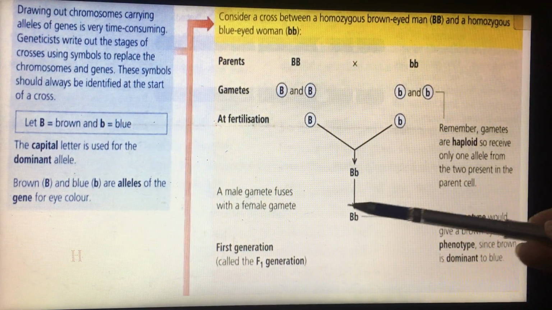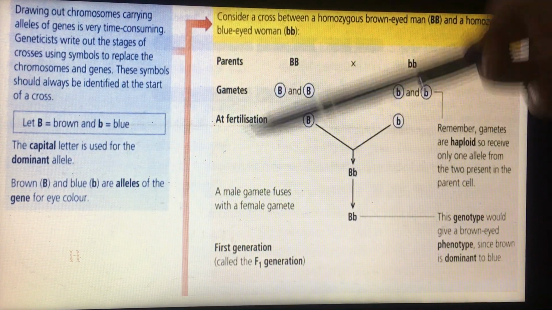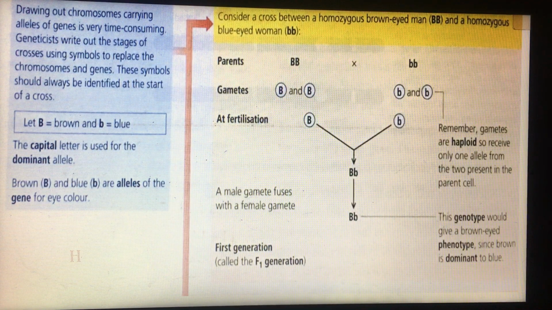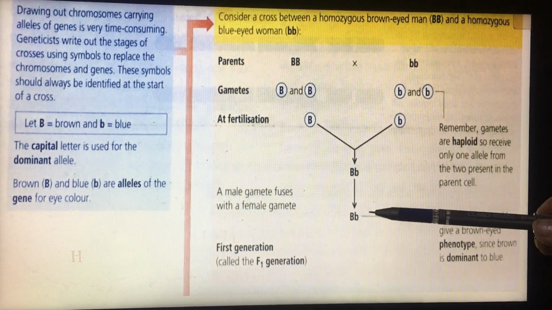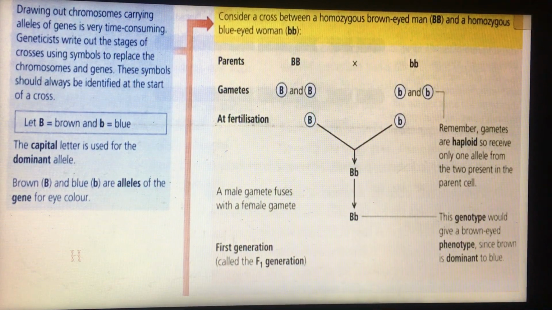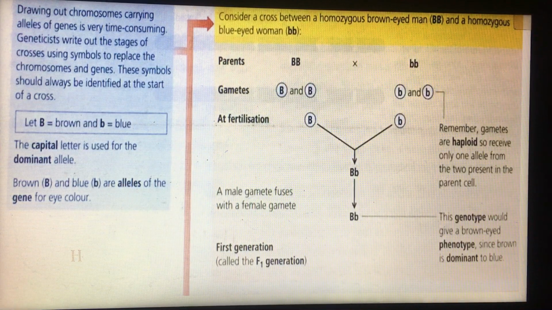For example, B capital, B small: because we have B capital, the eye color is brown, so the phenotype is brown. Brown, which is B capital, is dominant.